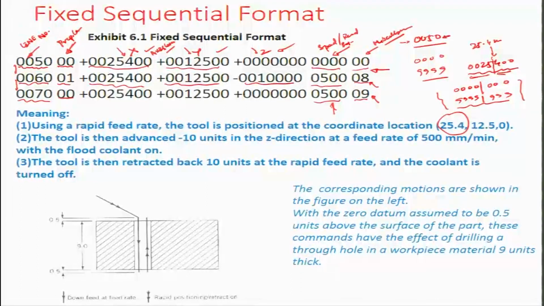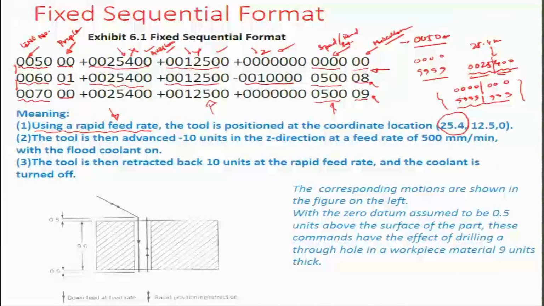So there is a fixed way in which numbers, on a line by line basis, give a sequence of operation. This code right here is a sequence which is defined for a simple drilling process, and if I look at the tool path following this code, in the first line it says using a rapid feed rate, which I will define later. So there is going to be a linear and rapid positioning, which we will talk about in detail.